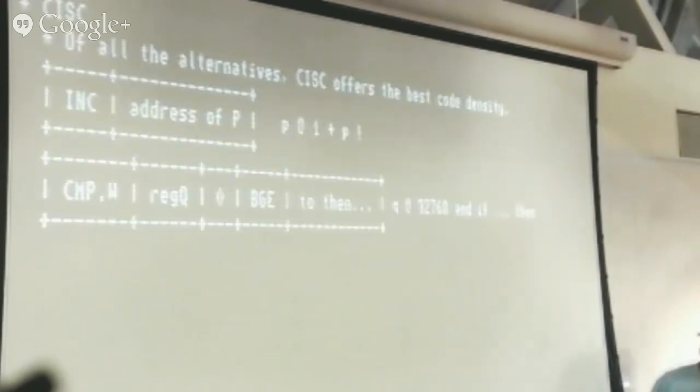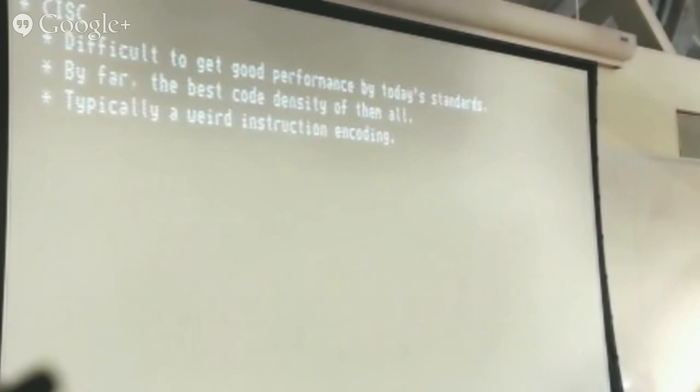So the benefit of a CISC obviously is code density, bar none. A CISC's claim to fame is how tightly it can pack instruction sequences in memory. So it's difficult, but not impossible, to get good performance by today's standards on a CISC. If you've got the transistor budget, you can do whatever you want.